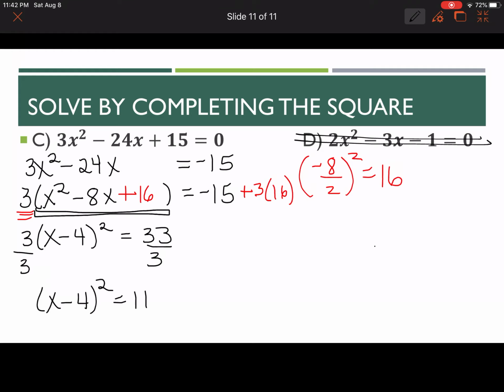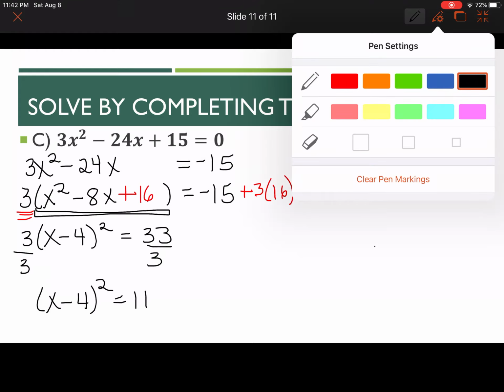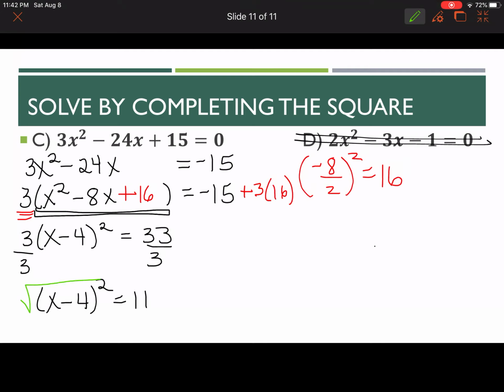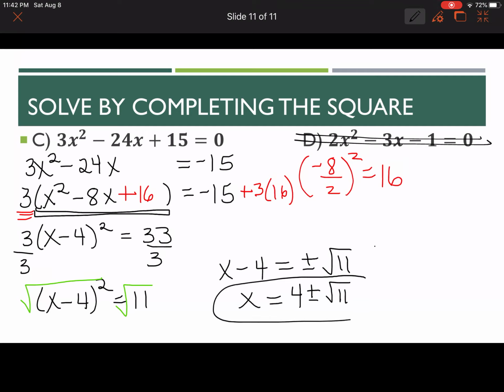So now we have x minus 4 squared equals 11. And we're going to take the square root of both sides. Now 11 is not a perfect square, so that's even easier when this happens, because we're left with x minus 4 equals positive or negative square root of 11. We're going to add the 4. So our final answer is just going to be x equals positive 4 plus or minus the square root of 11.